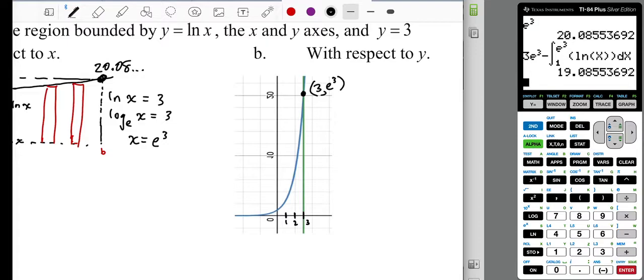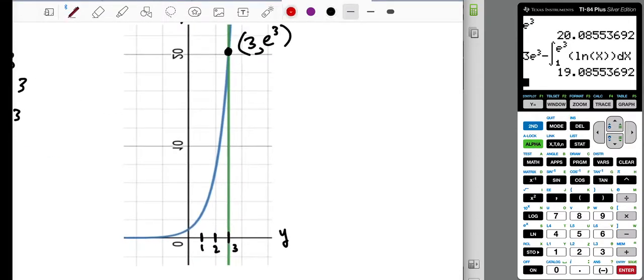So this is my y-axis and this is my x-axis. It gives you a little bit of a better perspective on it because you can see here that it's, I don't want to say obvious, but it's a little bit more obvious anyway, that the rectangle oriented this way would span the distance from the lower bound to the upper bound.